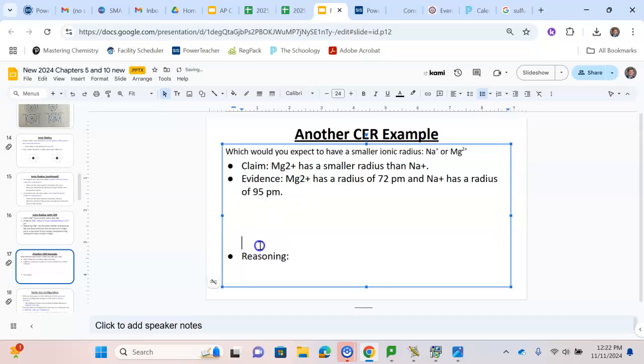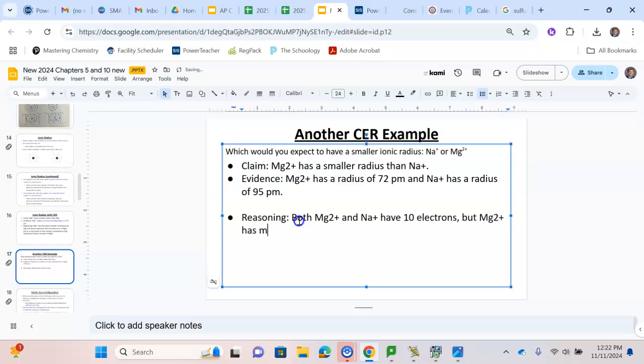Now we have to try and explain why. To explain why, we've got to think about both the number of protons and electrons, right? So both Mg2+ and Na+ have the same number of electrons. Mg2+ has 12 protons, while Na+ has 11.